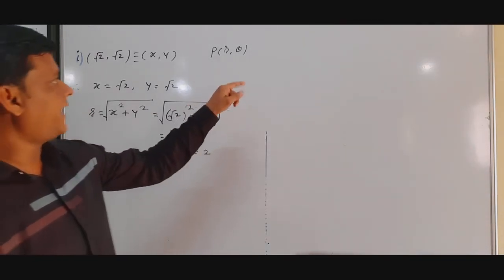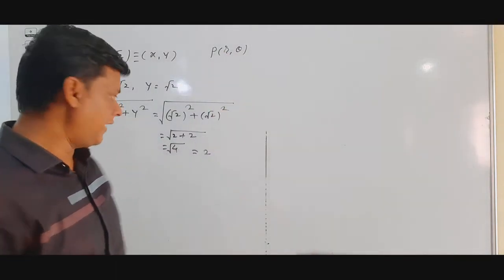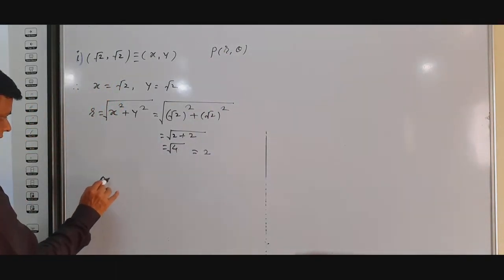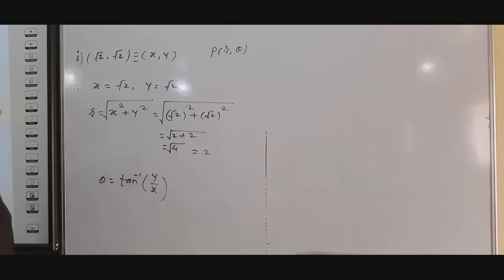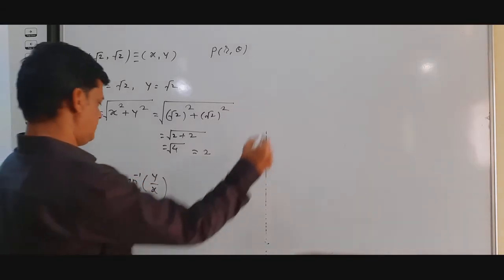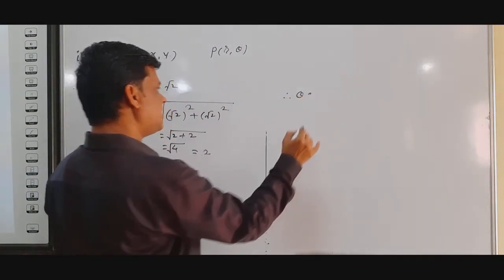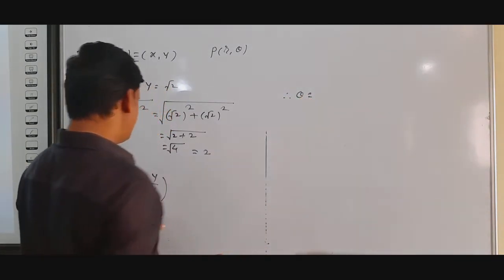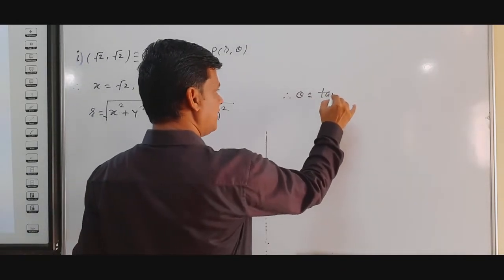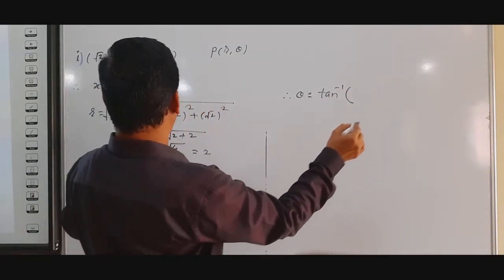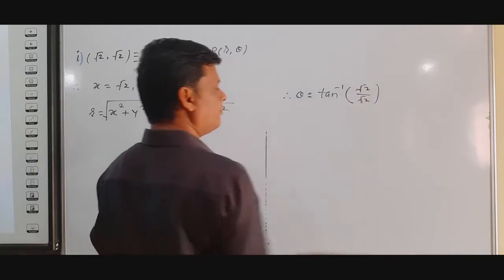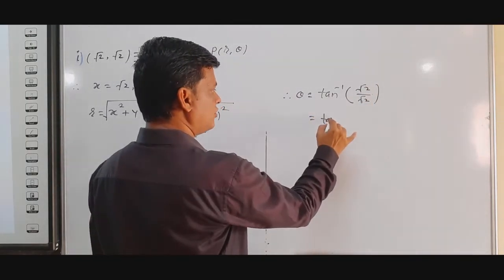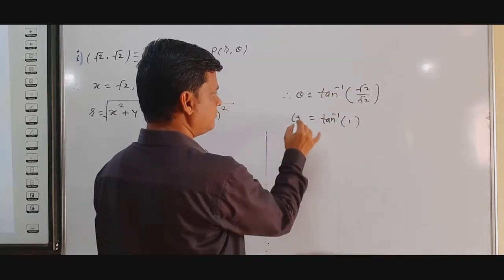Now we have to find the value of theta. Value of theta we find by the formula theta is equal to tan inverse y upon x. Therefore theta is equal to, now substitute the value of y. Tan inverse, value of x is √2, y is √2, so we write here √2 upon √2, that is equal to tan inverse of 1.